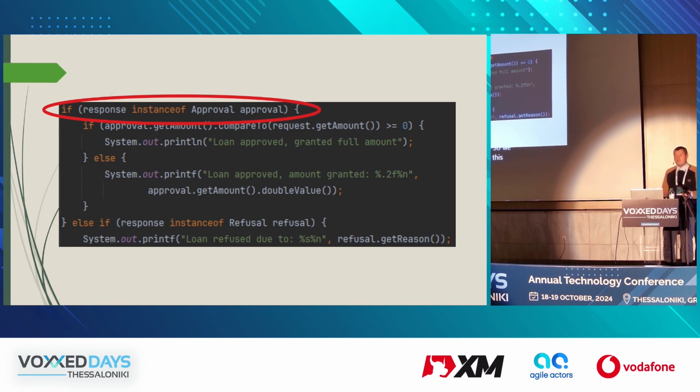We are checking this is an instance of approval, we are adding the variable at the end, and we can use it even in the switch expression, but we will go to it later. So we somehow improved this code a little bit.